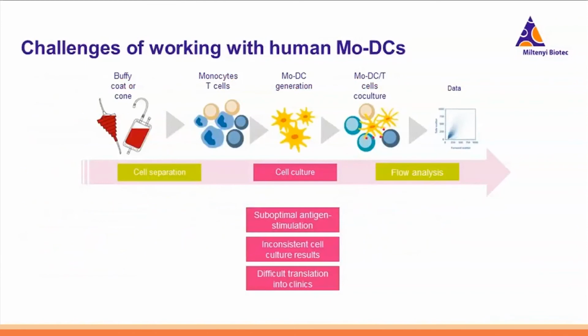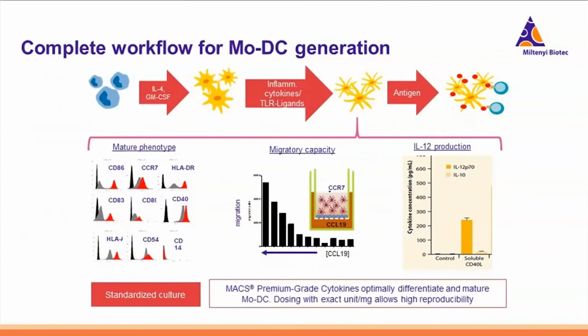Moreover, some researchers encounter cell culture challenges, such as inconsistent cell culture results, suboptimal antigen stimulation, or difficult translation into the clinic. So the solution for that is standardized culture using MACS premium grade cytokines to optimally differentiate and mature MoDCs.